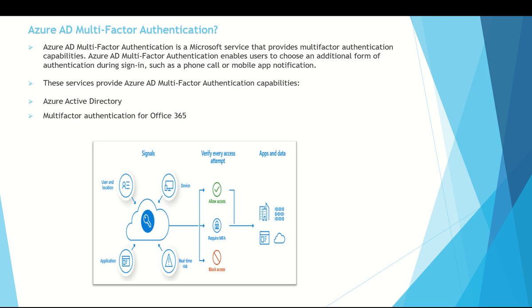So Azure Active Directory free edition enables Azure AD multi-factor authentication for administrators with the global admin level of access via the Microsoft Authenticator app, phone call, or SMS code. You can also enforce Azure AD multi-factor authentication for all users via the Microsoft Authenticator app only, by enabling security defaults in your Azure AD tenant.